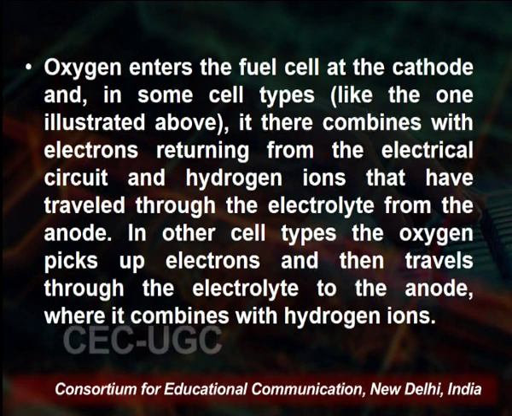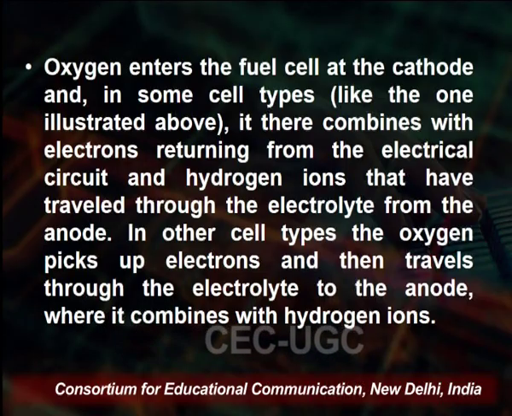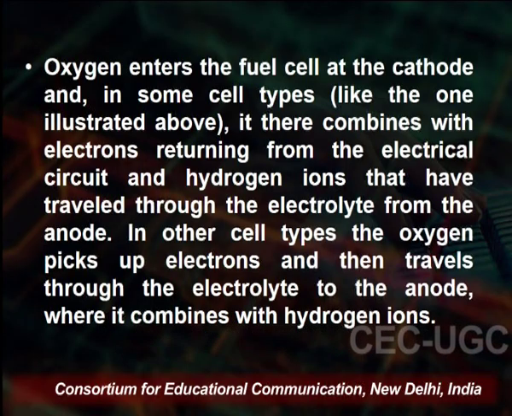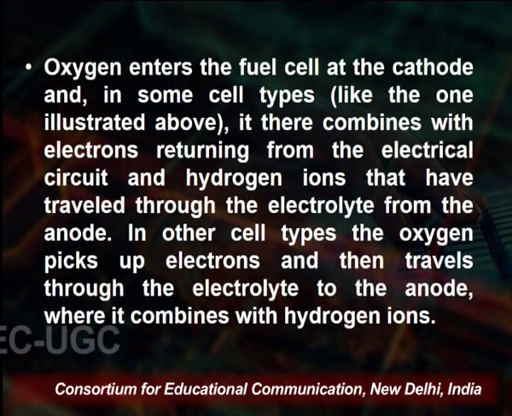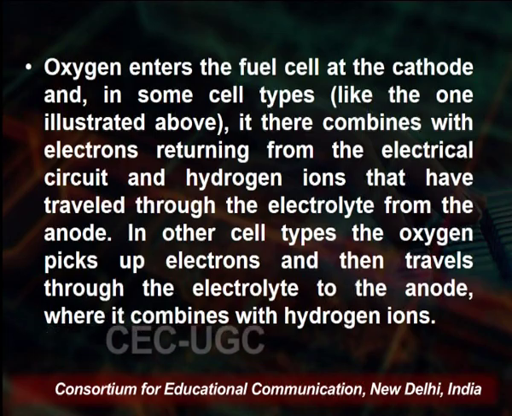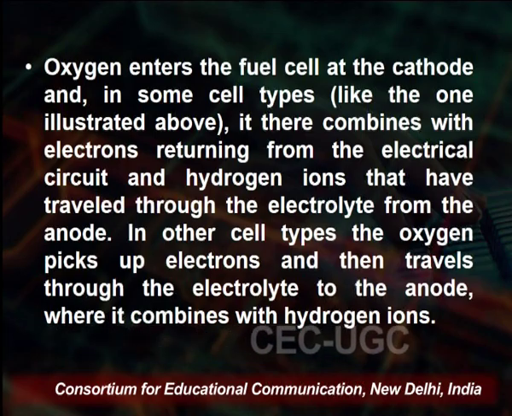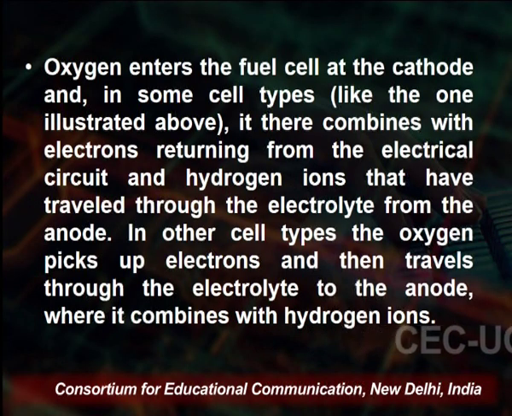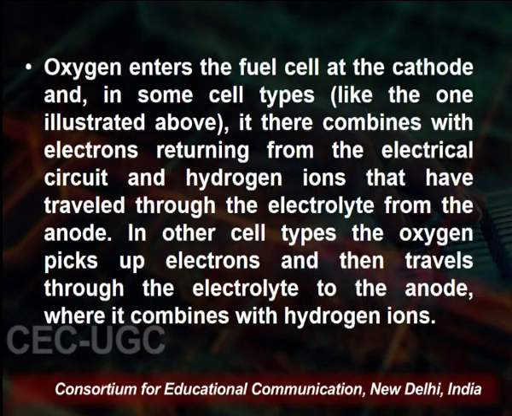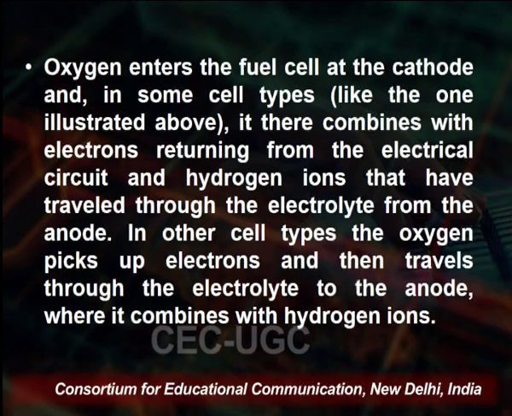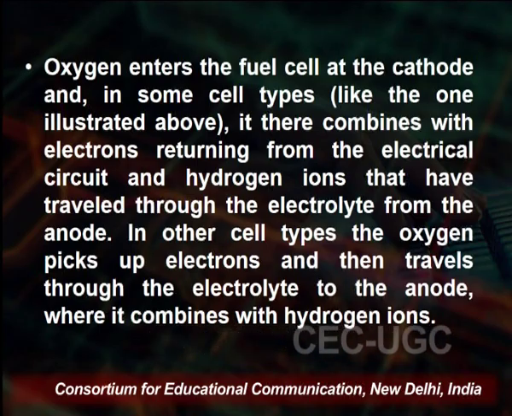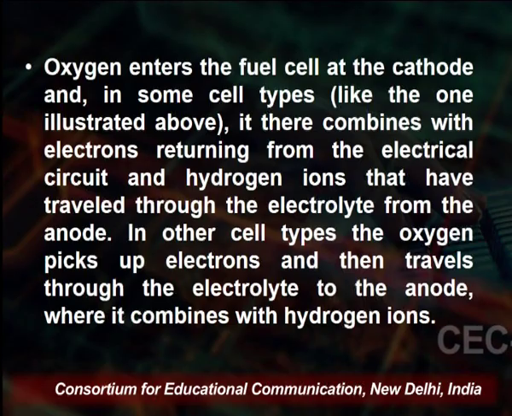Means now we can see here that at the cathode we are having oxygen enter the fuel cell and hydrogen ions that travel through the electrolyte from the anode. In other cell types the oxygen picks up electrons and then travels through the electrolyte to the anode where it combines with the hydrogen ions.